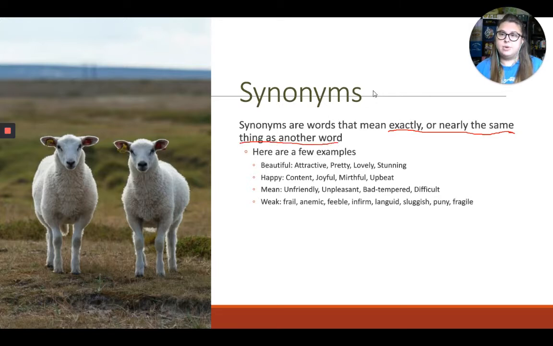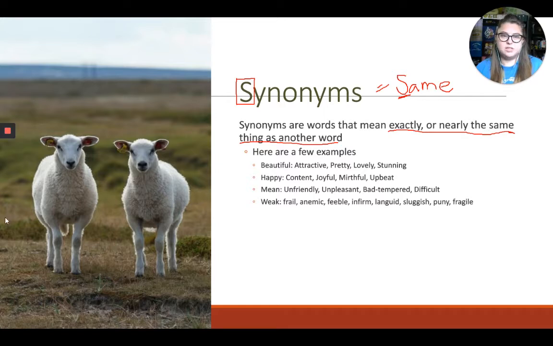The way I remember this is that the S in synonym is my clue. Synonym means the same. If I remember that there is an S in synonym, I can remember that there is also an S in same.